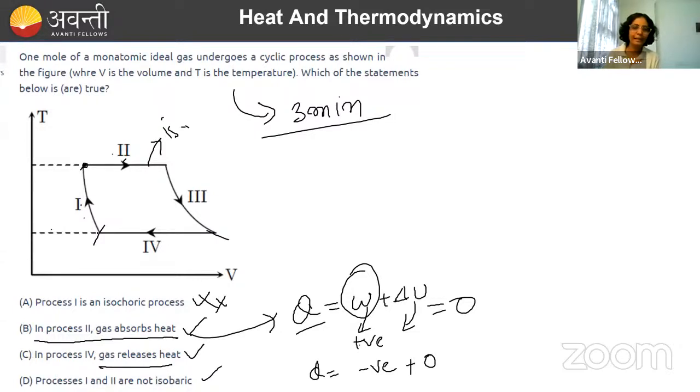Done. लेकिन एडियाबेटिक होता, लाइक पहचान पाना यहाँ पे, this curve can be adiabatic क्योंकि यहाँ पे T inversely proportional होगा V gamma minus 1. Y is X Y का ग्राफ कैसे बनाते हो?